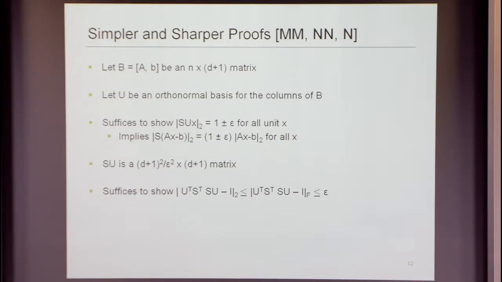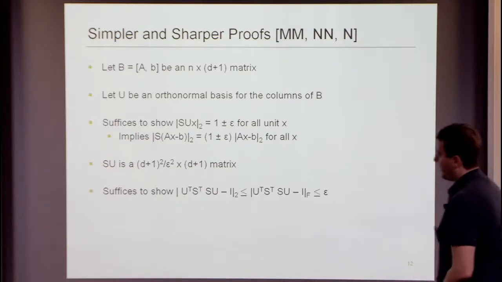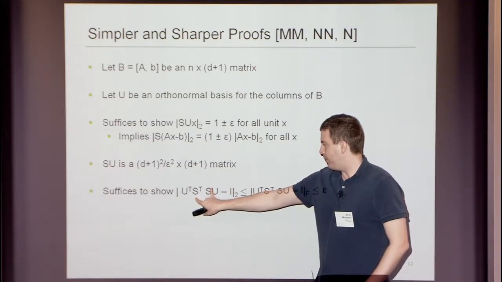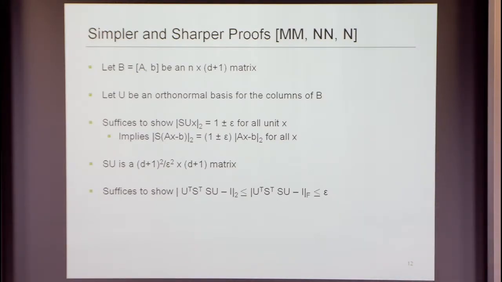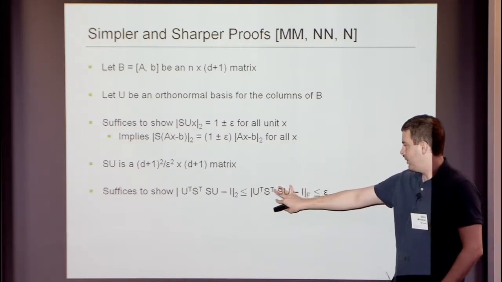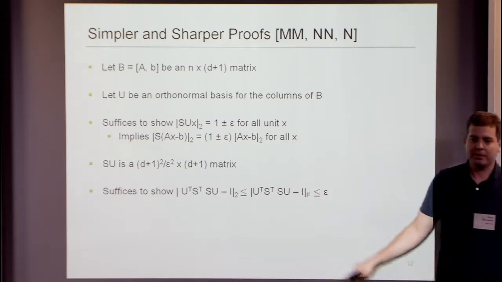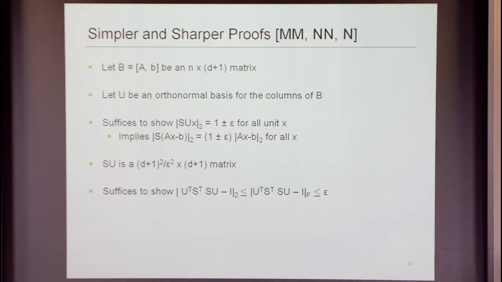Okay? So it suffices to show that this operator norm is at most epsilon. Now I don't know how to do that, so instead I'm going to show the Frobenius norm is at most epsilon, which upper bounds the operator norm, right?